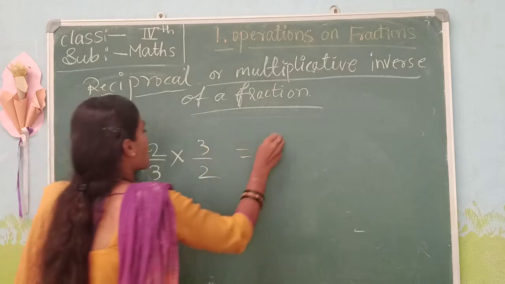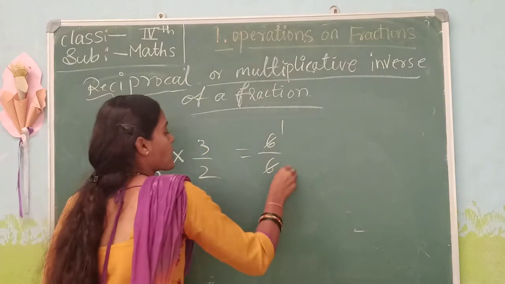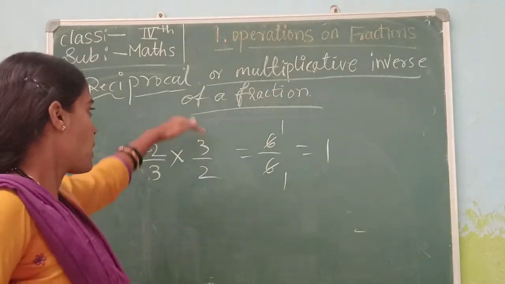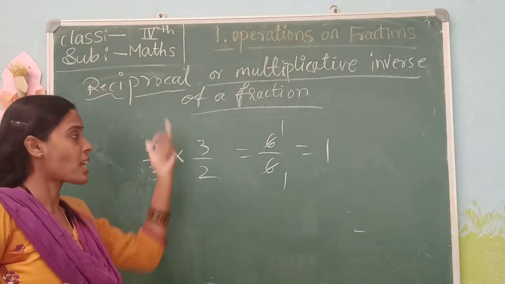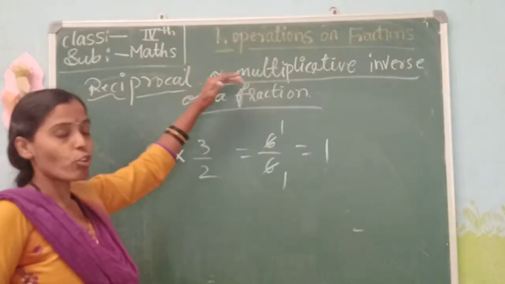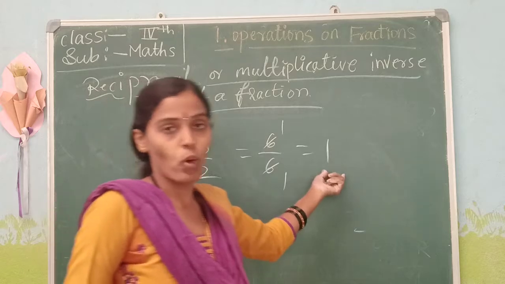Now 2 threes are 6, 3 twos are 6. 6 ones are 6, so the answer is 1. The multiplication of two reciprocal fractions is always 1.